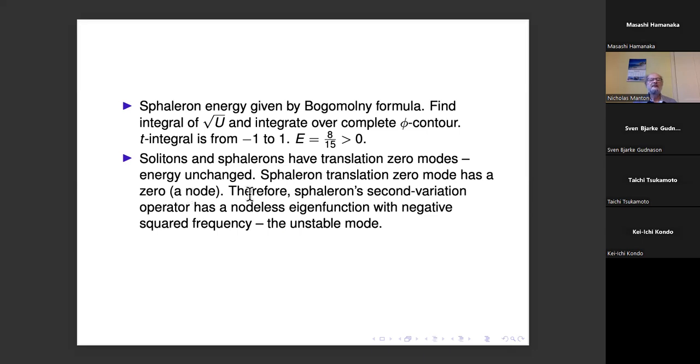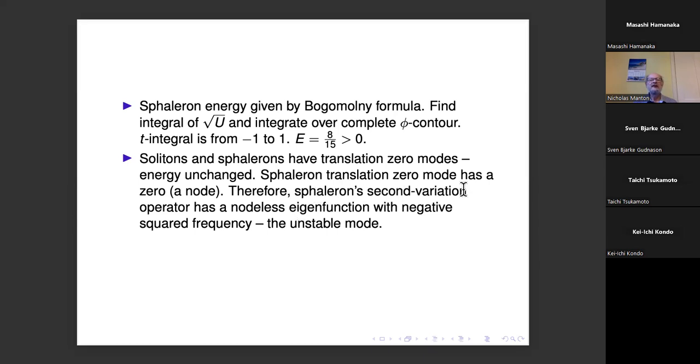And by the general theory of second order operators and their spectra, if one of the modes has a zero, then there's a lower frequency mode which is nodeless, doesn't have a zero.